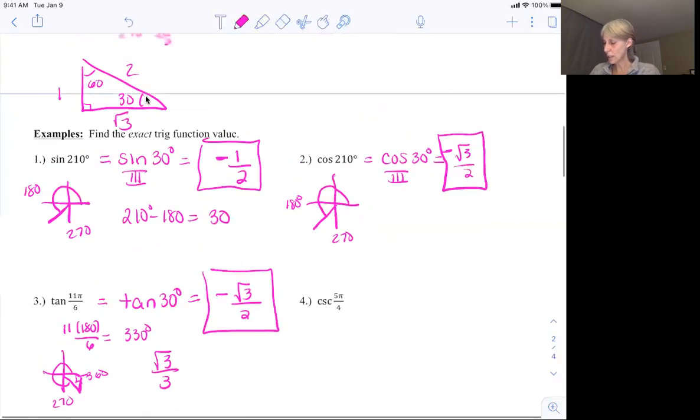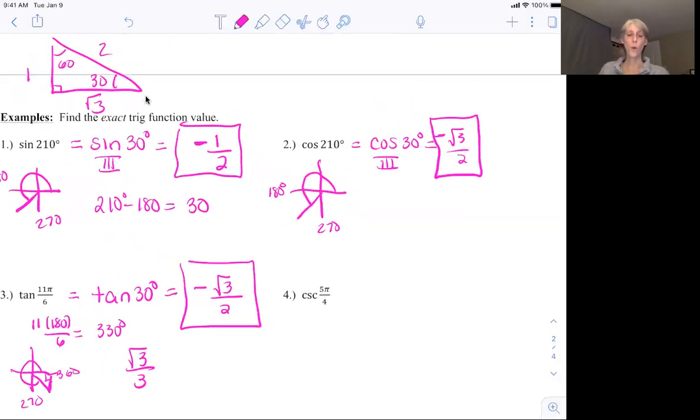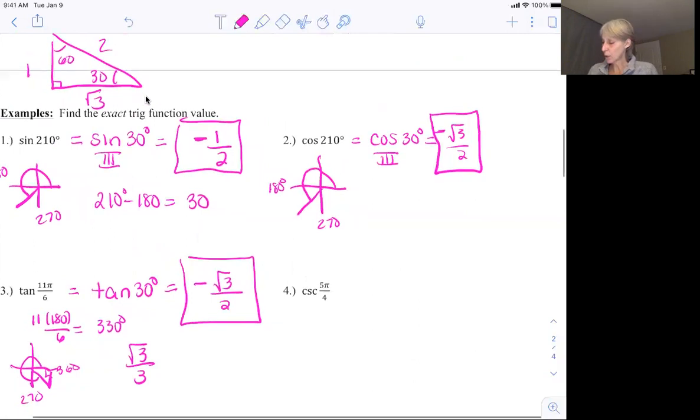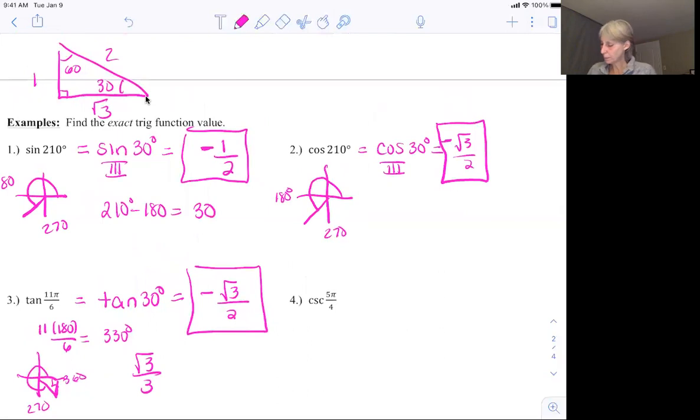And in our next example, cosecant of 5 pi over 4. Sorry, I'm jumping ahead of myself here. 180 divided by 4.